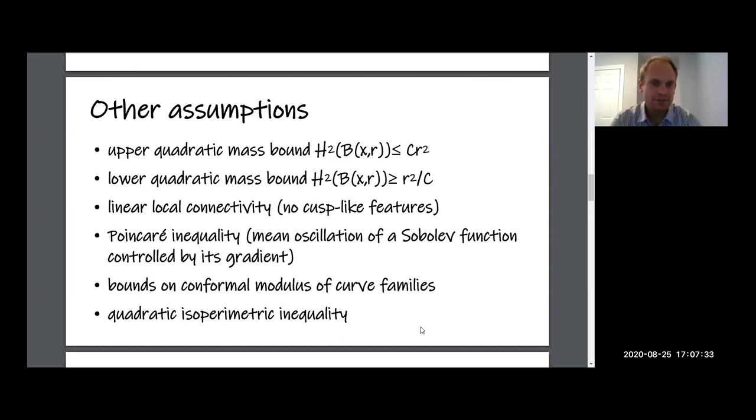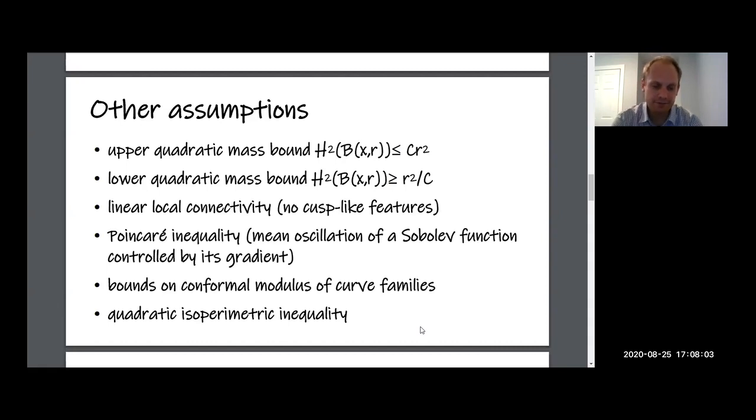The next one would be bounds on the conformal modulus of curve families. The conformal modulus is a conformal invariant studied in beginning complex analysis, where to each curve family you associate a number measuring the size of that curve family in a conformal invariant way. If you assume bounds on that, then that's also been a fruitful place of departure.